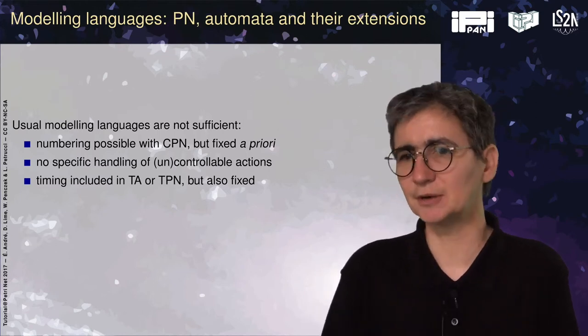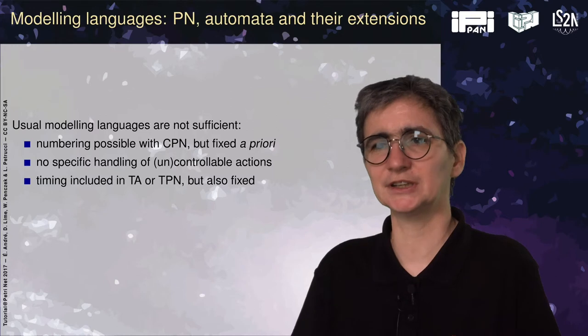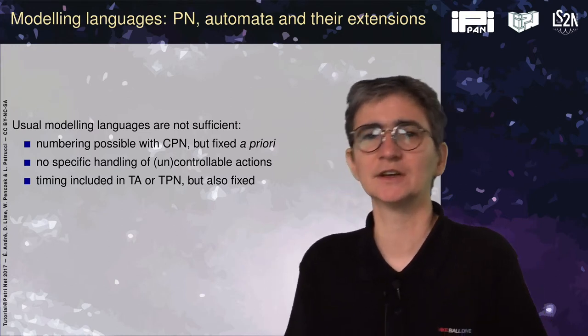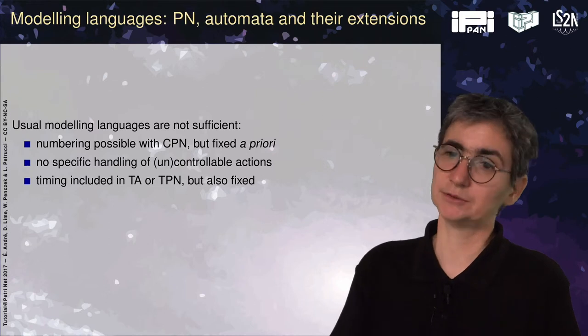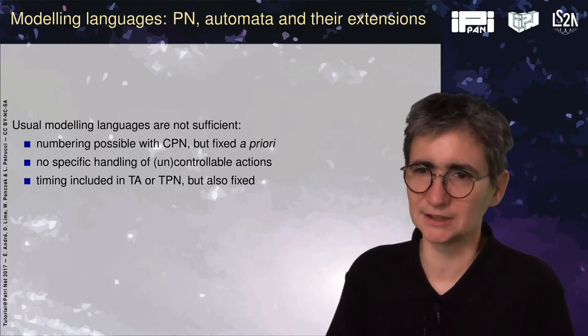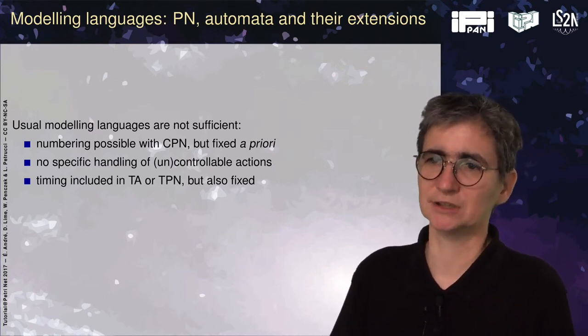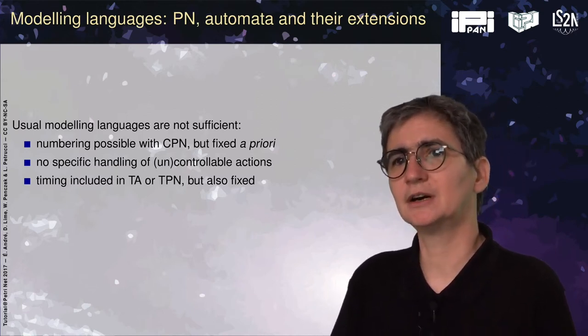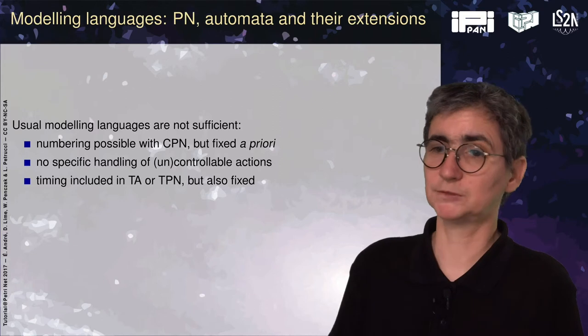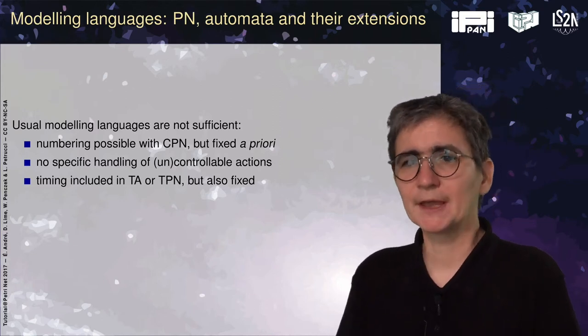So you give a number and then you run the analysis of your colored Petri net, and if you want to change this value, you have to change the value and run again an analysis of verification. So this is fixed a priori. You can't play on analysis with different numberings.